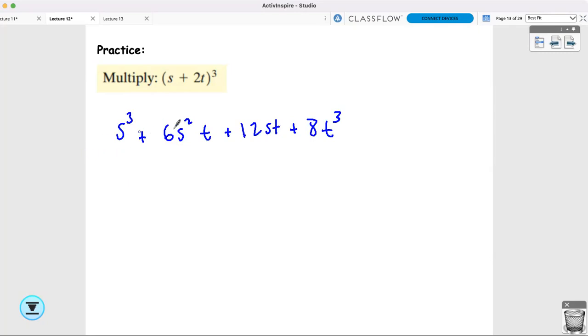If you got s cubed plus 6s squared t plus 12st squared, right here is t squared, plus 8t cubed, you have those four terms in your final answer. You are correct. Tanya, I'm not too sure if the last exponent was a typo, a 2, or if you forgot to add the exponents when you multiplied t squared and t at the end.